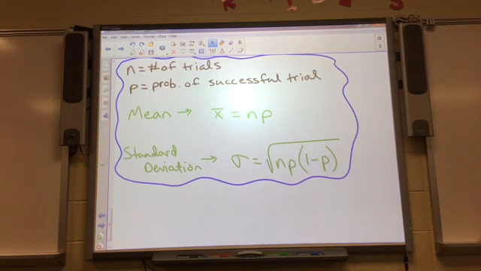Okay, the reason we want to change this into a normal distribution is because of that word at most. Okay, so do you want to know the probability that maybe there's less? Yeah, well then you'd have to be finding the probability of none, plus the probability of 1, plus the probability of 2, plus the probability of 3, all the way up to 55, right? That would kind of suck, yeah.